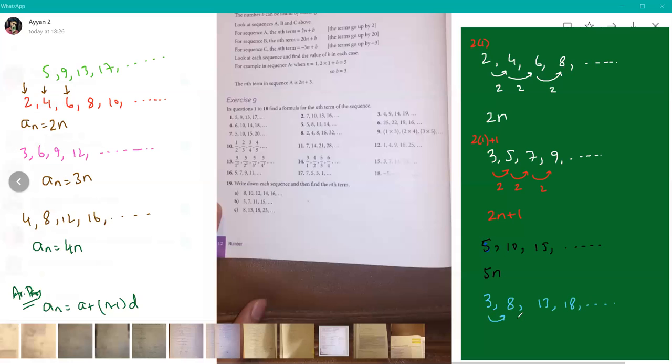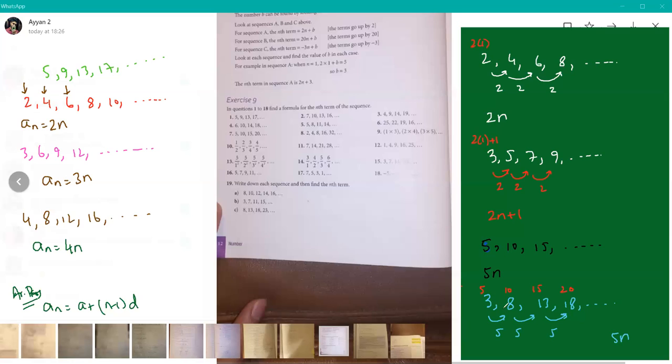If you look at the differences, what are the differences here? These are fives. Okay, 5, 5, 5. So the nth term should have 5n in it. When you try to fit this 5n into it, 5 ones are 5, 5 twos are 10, 5 threes are 15, 5 fours are 20.